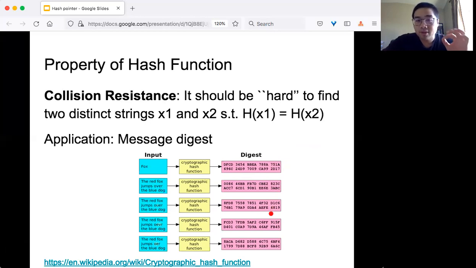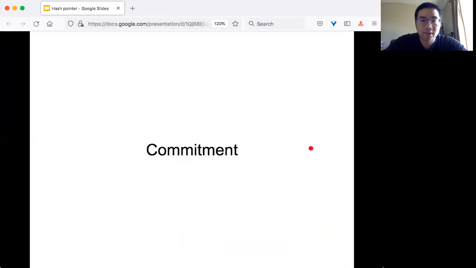Because of the collision resistance, the digest is as good as the message itself, because it's impossible to find two strings that have the same digest. And that's the importance of collision resistance. Later on, we will see more applications of this message digest.